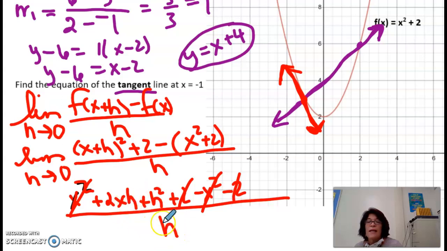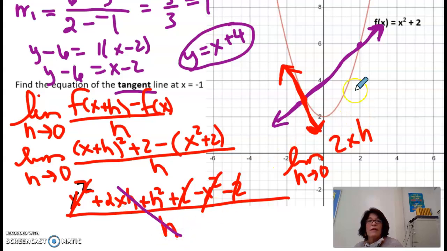I know I can take h out of each of those terms. It looks like I have the limit as h approaches 0 of 2x, because I'm going to take the h out of there, and h squared over h is just plus h.